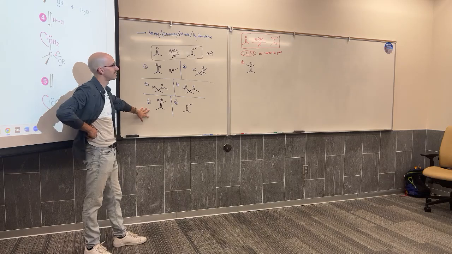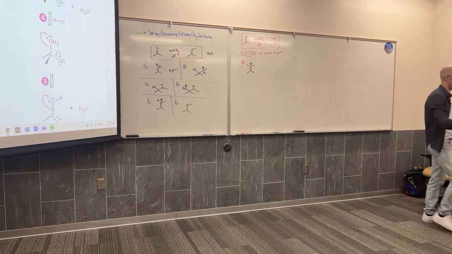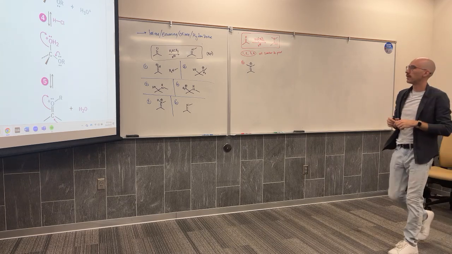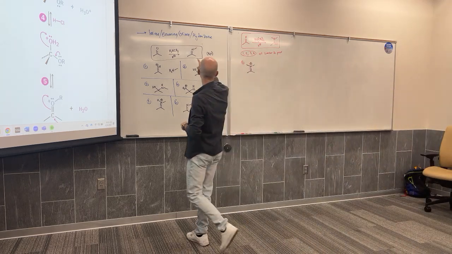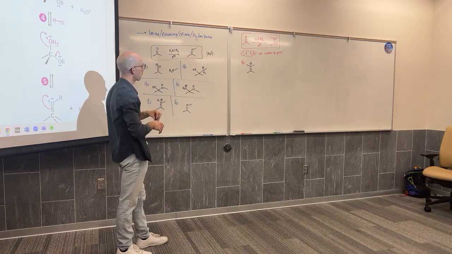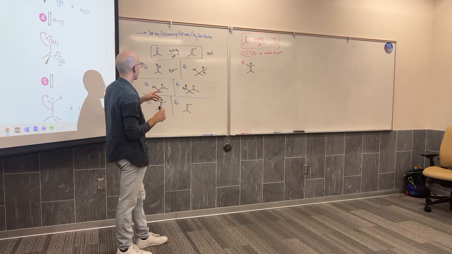So this time I have dimethylamine, NHCH3. Remember that I cannot form an imine because my nitrogen doesn't have enough hydrogens to give away now. So all the steps 1, 2, 3, and 4, they're going to look similar.